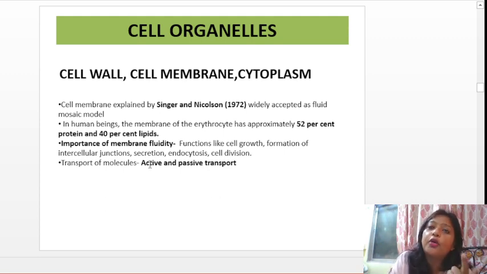When the transport occurs without using ATP or any energy, it's passive transport. When the transport occurs using ATP or against the concentration gradient, it's known as active transport. Remember, there are two types of transport when we talk about the transport of molecules in and out of the cell membrane: active and passive transport.